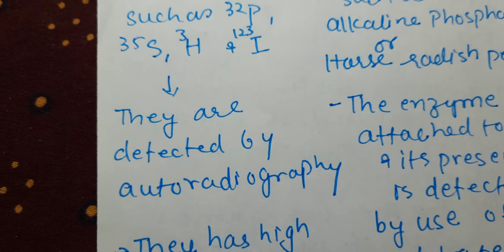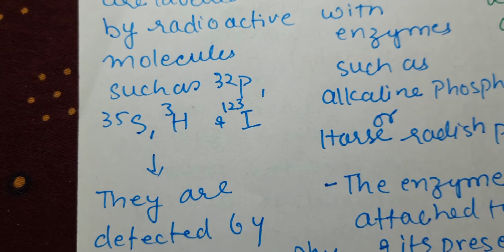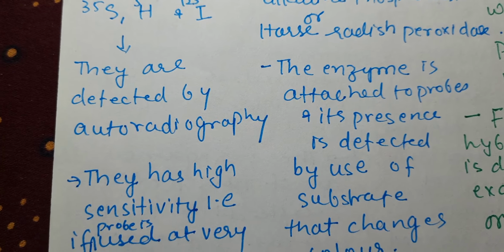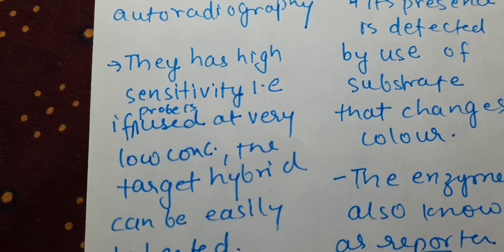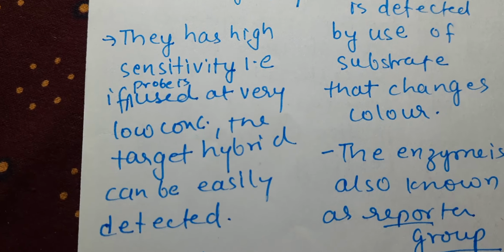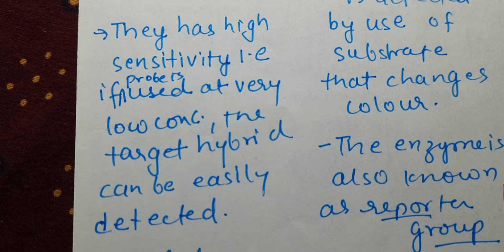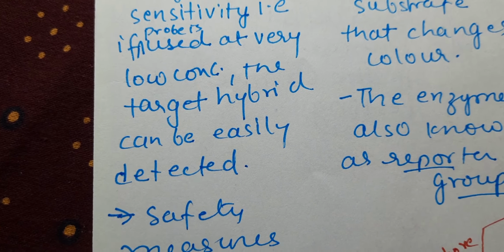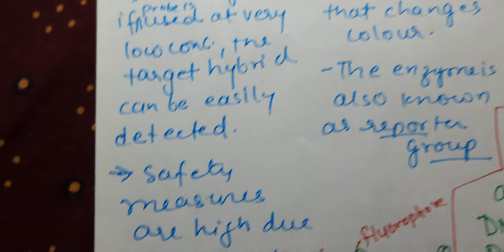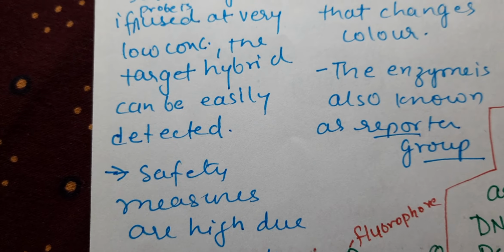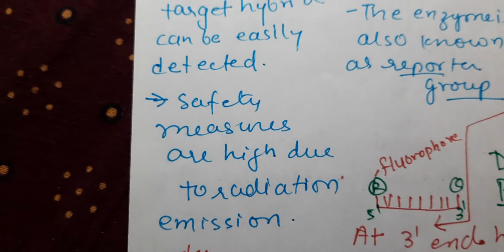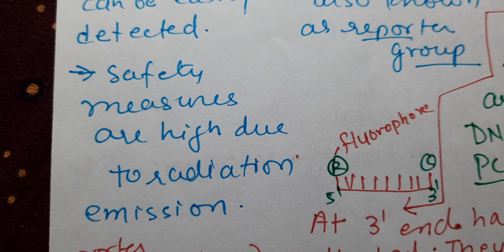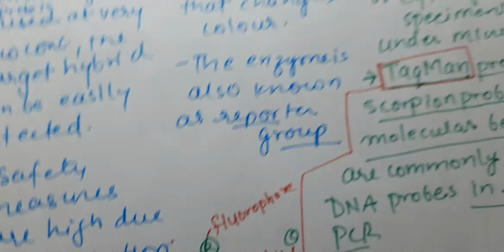These are the main radio labeled probes which are used, and they are detected by autoradiography. They have high sensitivity, that is, if the probe is used at very low concentration, the target hybrid can be easily detected. But there is high risk in using them since they emit radiation, so safety measures are high.